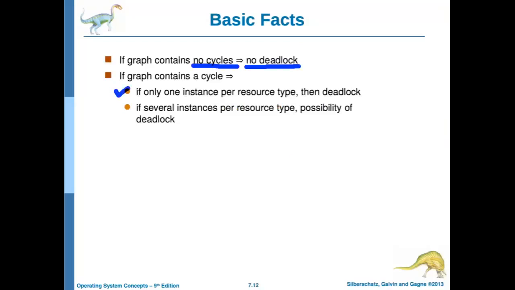If we have a single instance, then there is a deadlock. Remember, only one instance is there, then there is a deadlock. If several instances are there, several instances per resource type, then there is a possibility of deadlock. We cannot say 100%. It will be deadlock.